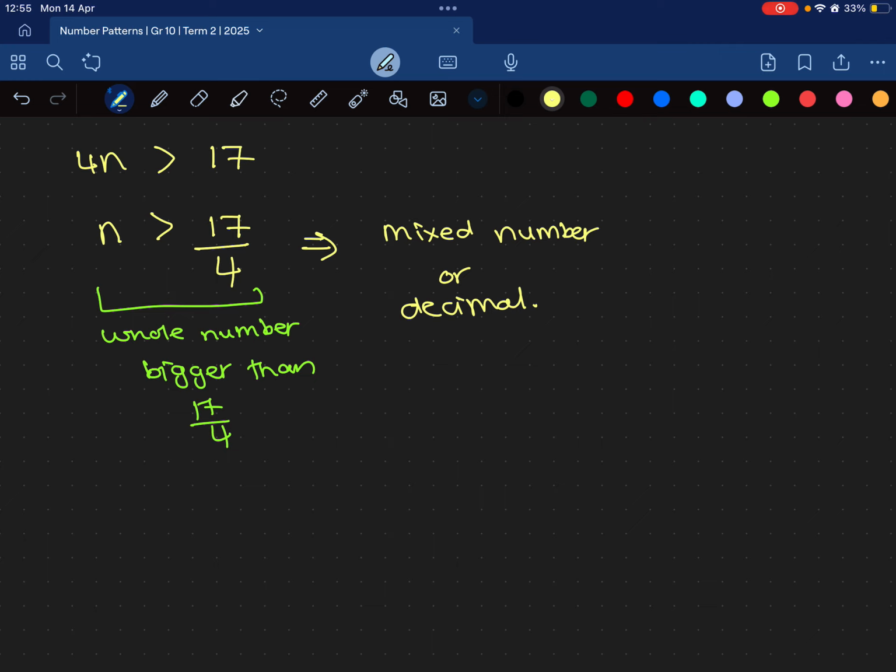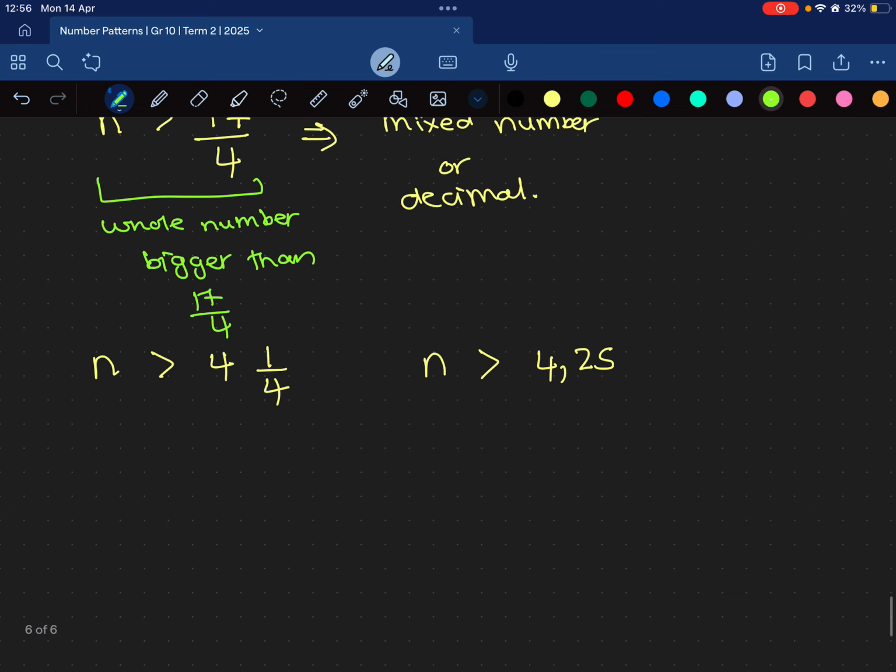So if you convert 17 over 4 into a mixed number, you will get 4 and a quarter. But if you decided to convert it into a decimal, you will get 4,25. Now, if they want the nearest whole number that is bigger than 4 1/4, it is going to be 5.